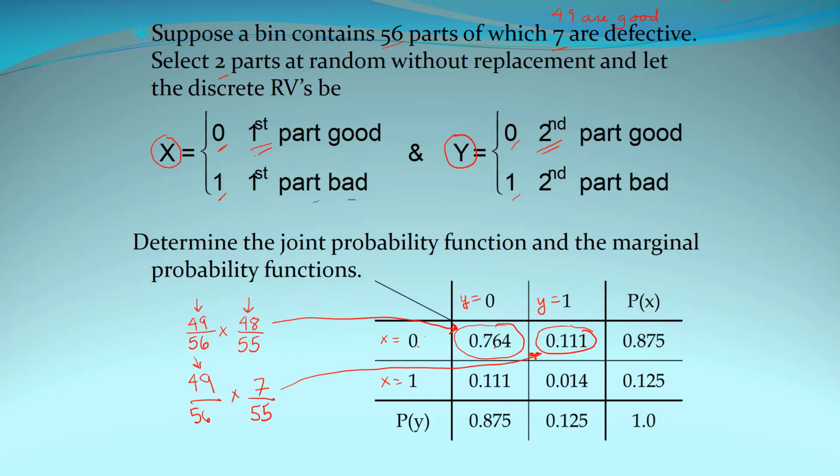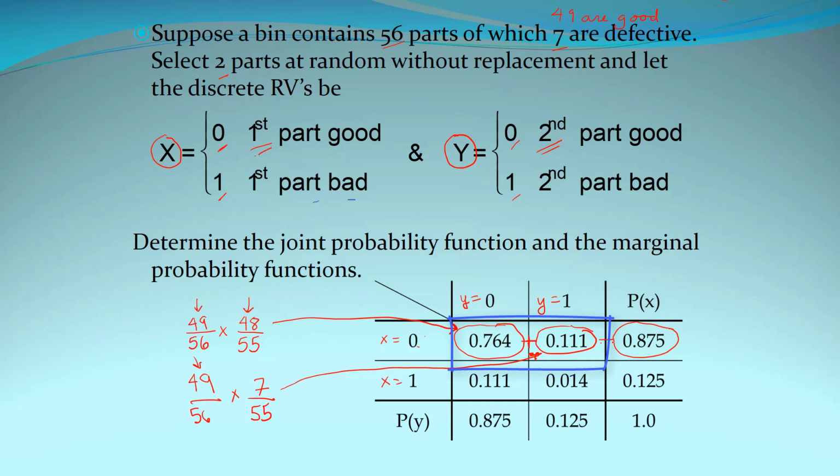So notice what this means. We can have a good first part and a good second part, or we could have a good first part and a bad second part. Either one gives us the probability of having one good first part, which is these two added together, right?